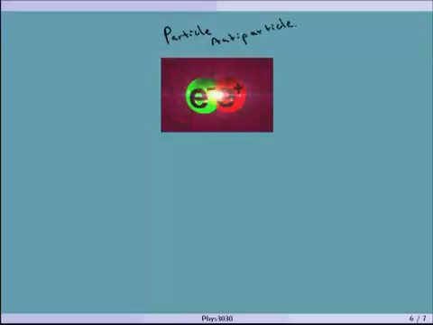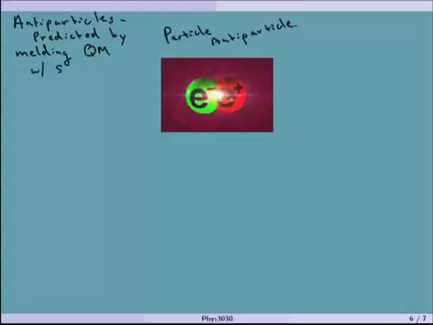And antiparticles are predicted by quantum mechanics, and they're actually predicted by melding quantum mechanics with special relativity. Not general relativity, but just special relativity. And we'll talk about relativity later. And if you do that, a guy named Paul Dirac actually predicted the appearance of an antiparticle.